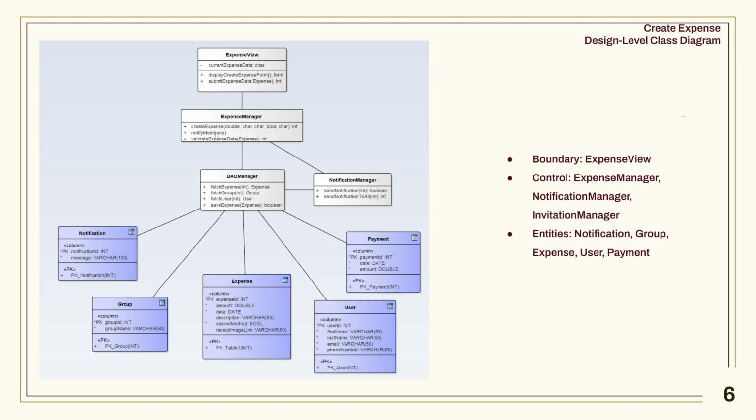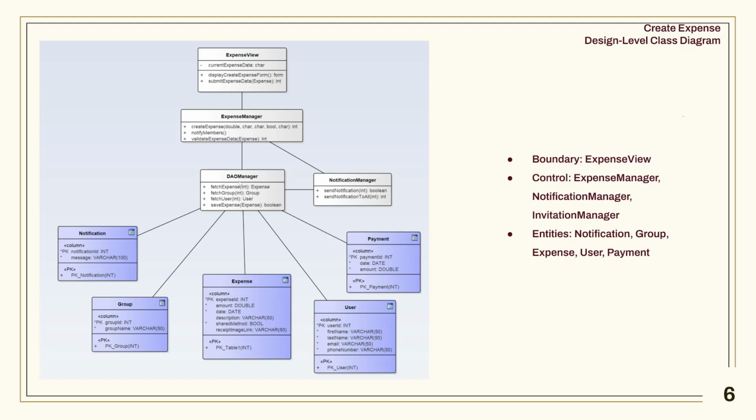So when the user creates that expense, the notification manager will send the notification to all the users. This will apply only when the expense is rejected, and the creator will get that message from the admin along with stating the fact that it was rejected.